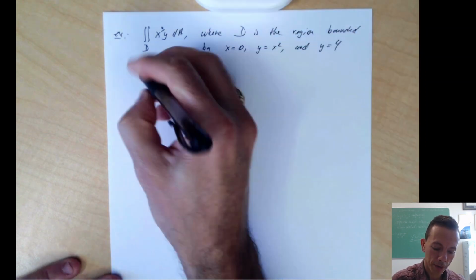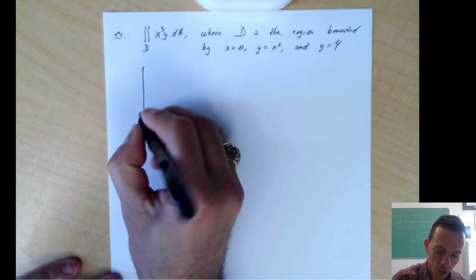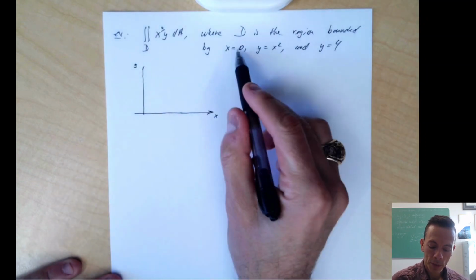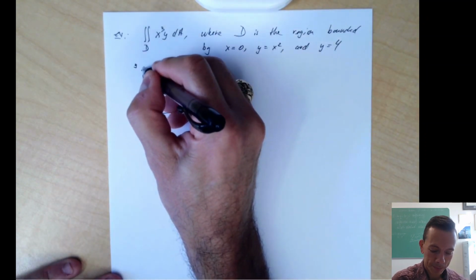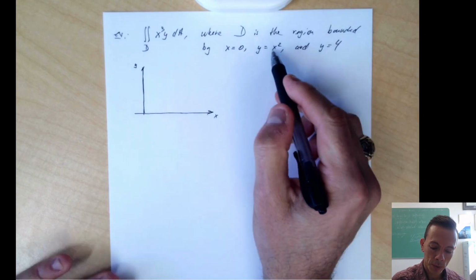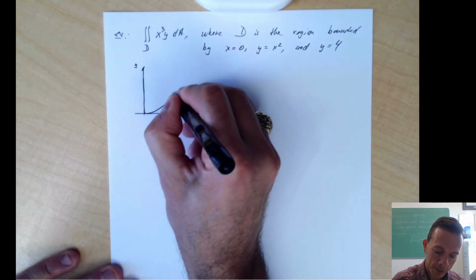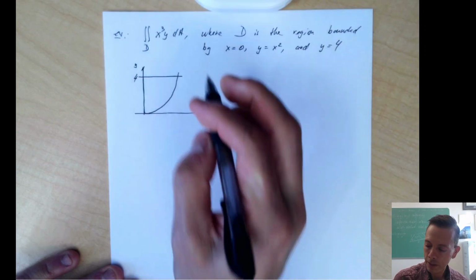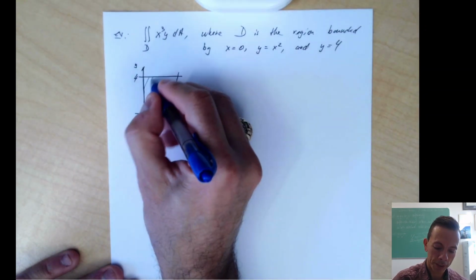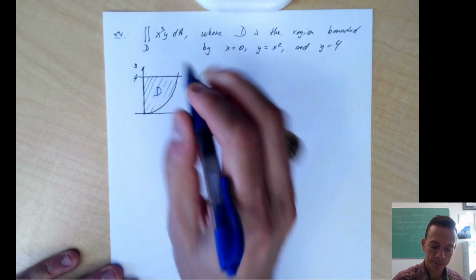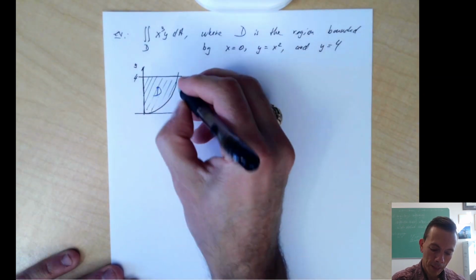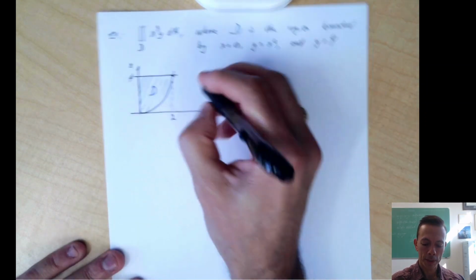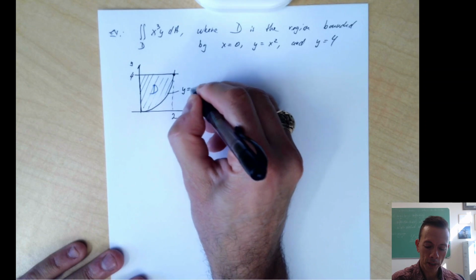So in this case, you really have to do a little drawing to see what the domain looks like. X equals 0 is the y-axis. Y equals x squared is a parabola that looks like this, and y equals 4 is a line like this. So here we have our region of integration. So this point is right at x equals 2, and this is the curve y equals x squared.